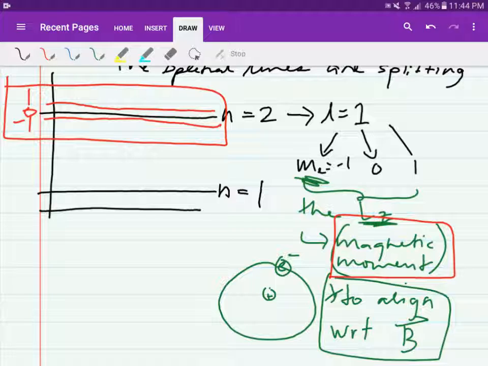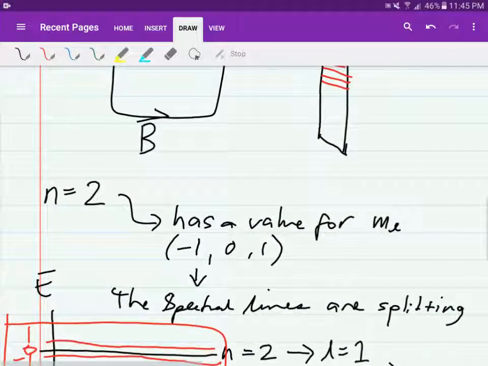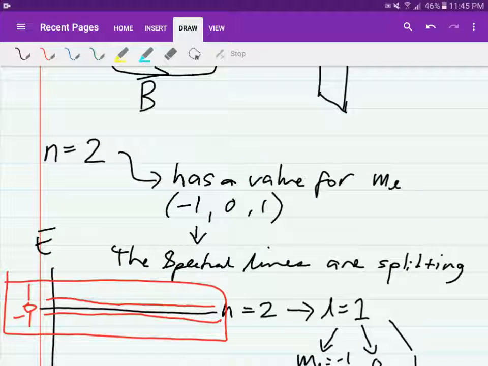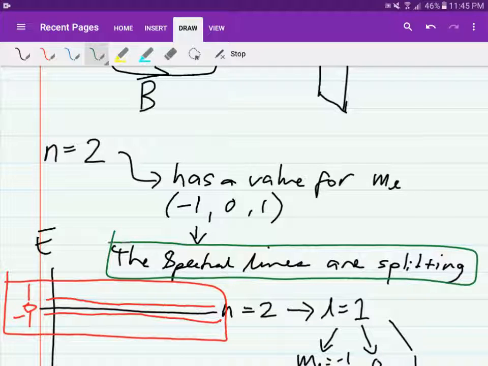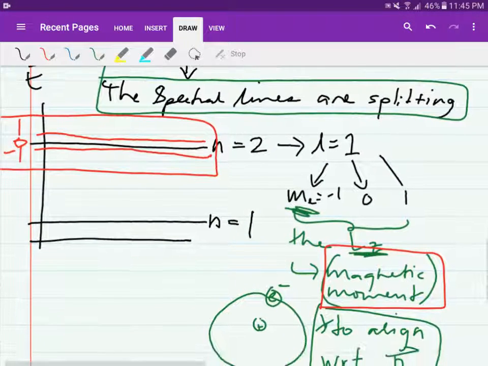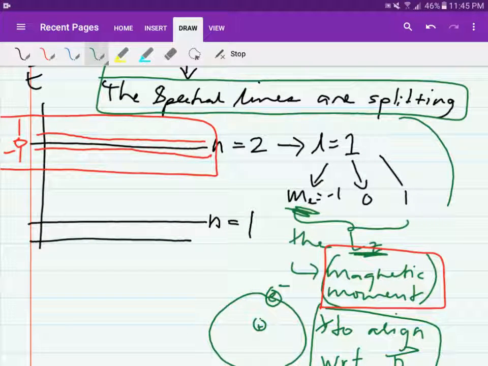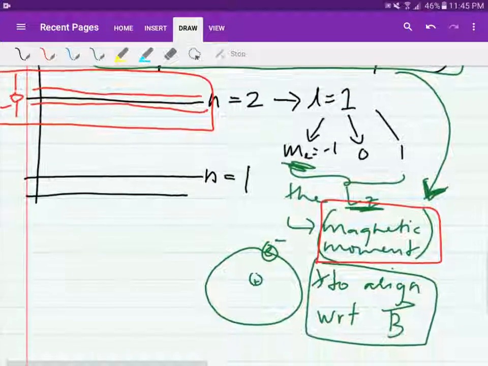So this is the Zeeman effect. Simply put, the Zeeman effect is just splitting of spectral lines due to the magnetic moments that arise from the orbital angular momentum.